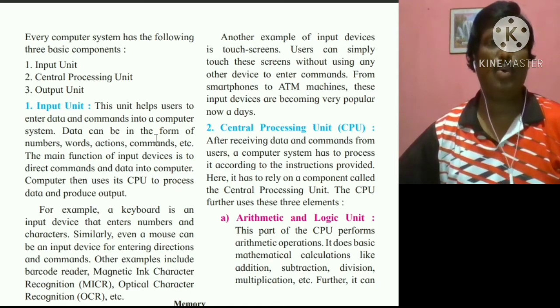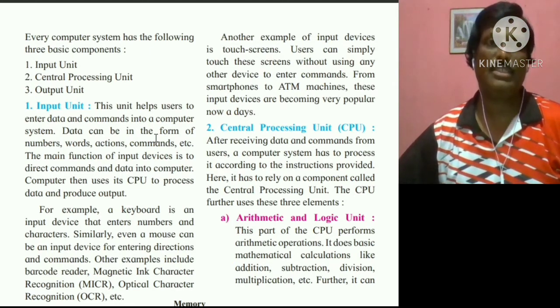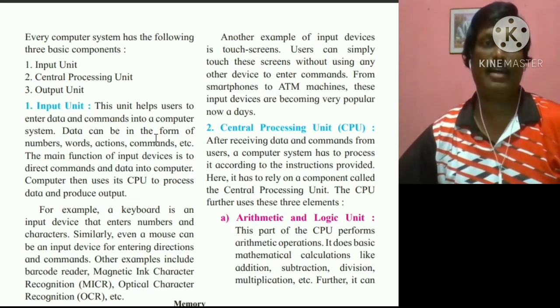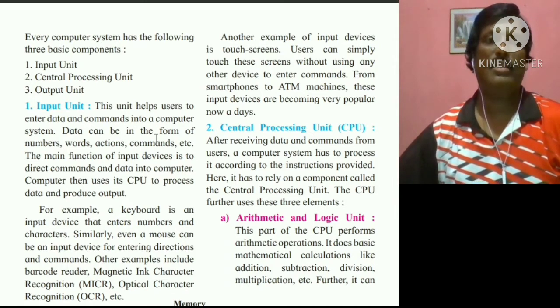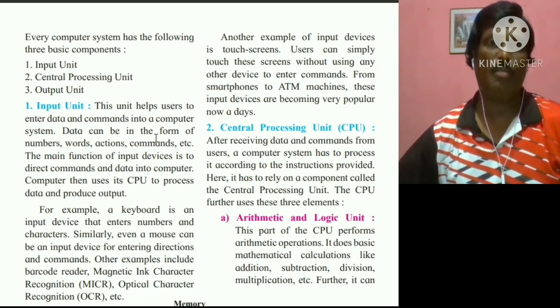Then, as we know the definition, it processes according to set of instructions. So, we require the second basic component, central processing unit, which is used for processing on the data, and third, that is output unit. As we know that computer produces a required result and that result will be shown onto the output unit. Okay. So, these are the three basic components of a computer system.